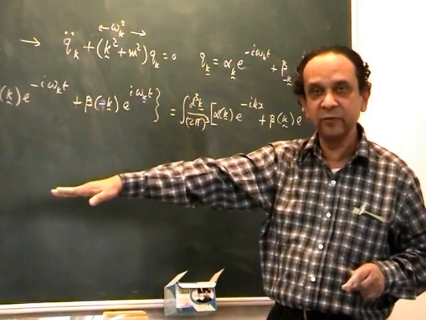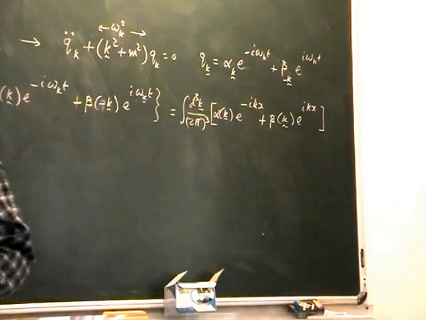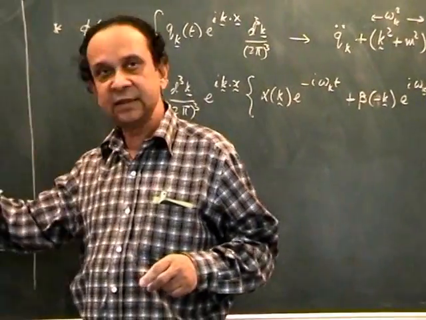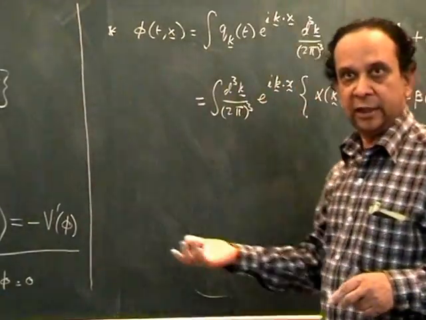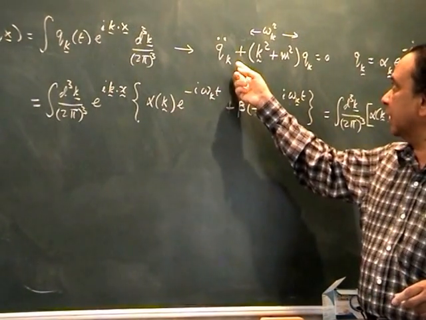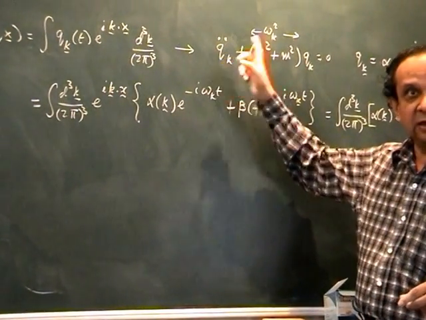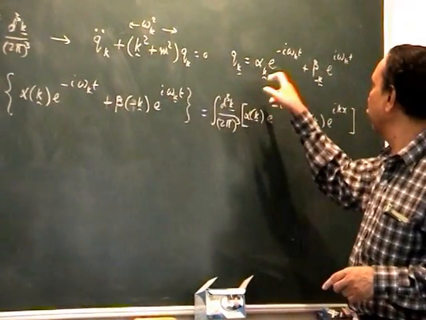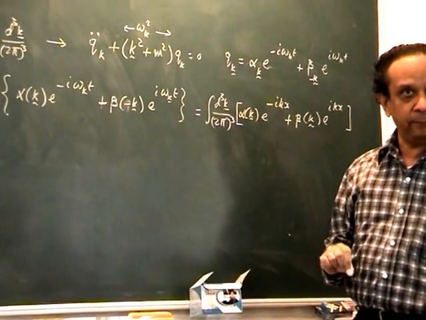You can play the same game with Schrodinger equation. You just replace this by some i d psi by dt, and then this m square phi is just some potential, a harmonic oscillator potential, and then you can do the same sort of thing. And if you do that, you will find there is only a first order and there will be only one arbitrary function. Because it is second order, you have two arbitrary functions of k sitting there.